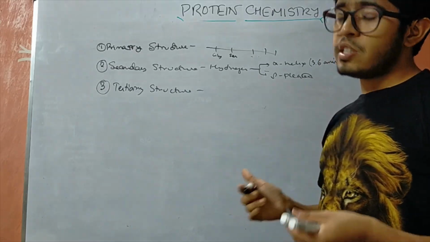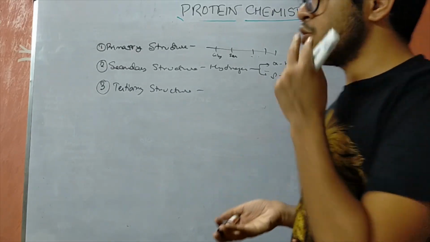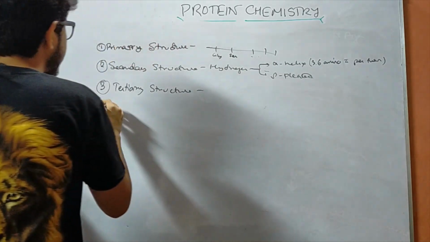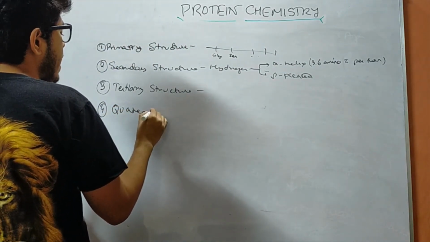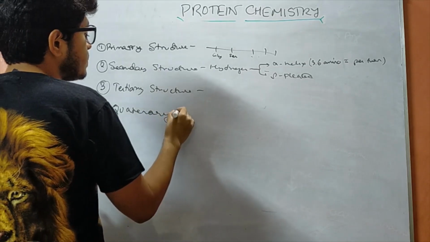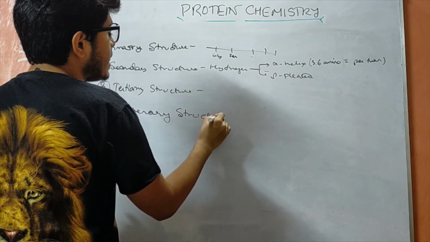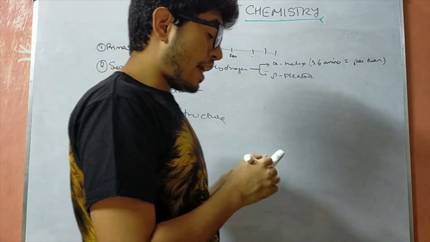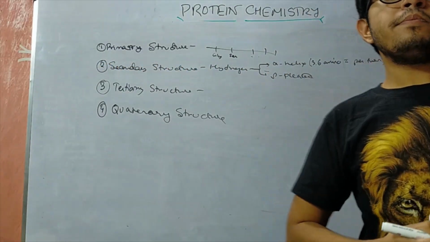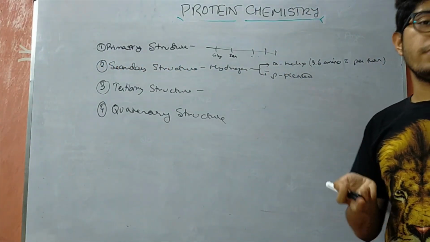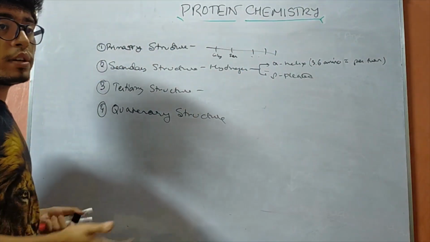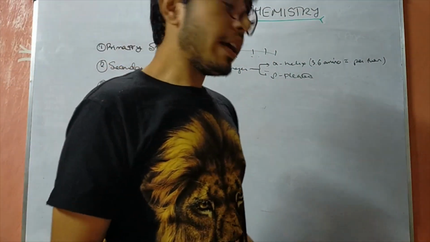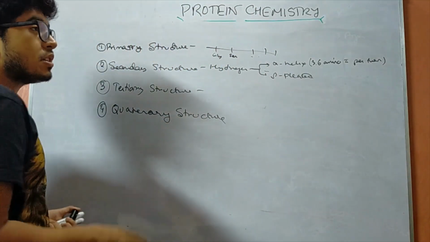Finally we have the quaternary structure, where several polypeptide chains are attached to one another, giving rise to various subunits of a protein, such as the hemoglobin molecule, which has 4 subunits and is a quaternary protein.